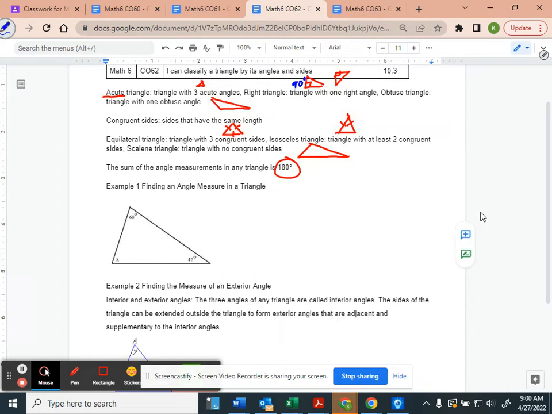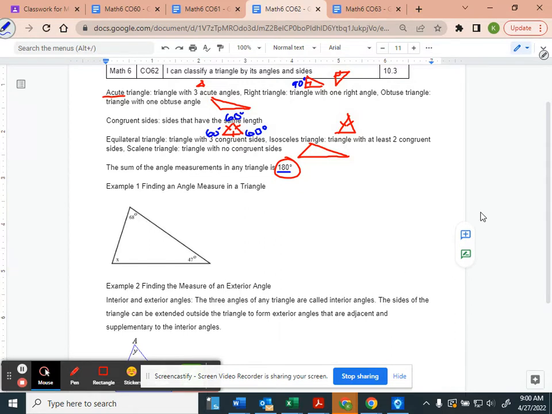If we know equilateral triangles have three equal sides, what do we know about their angles? If the sides are all equal, the angles are all equal. And if it equals 180 degrees in an equilateral triangle, they will always be 60 degrees. So in an equilateral triangle, the angles are all 60 degrees.